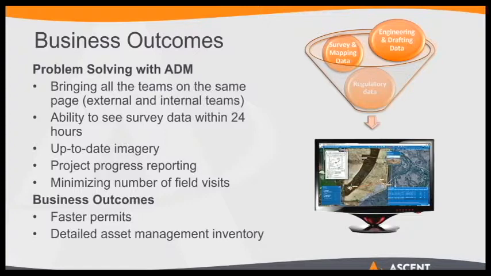One last thing on that problem solving: you have external and internal teams. I think that's one thing that maybe we haven't necessarily talked about. We've been talking about breaking down these silos and having everybody involved within the organization, so having your land team be in the same communication with your regulatory team or your facilities group or construction or right of way and all those folks, right?